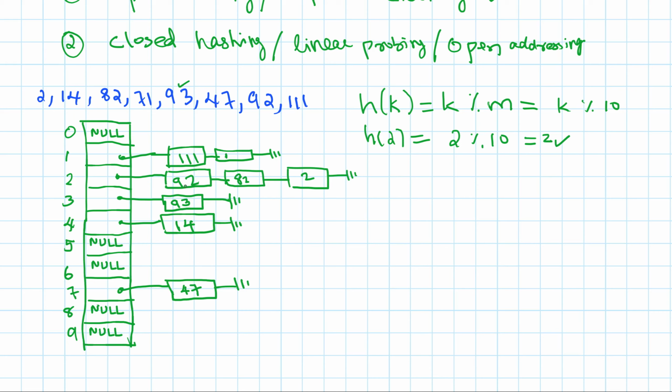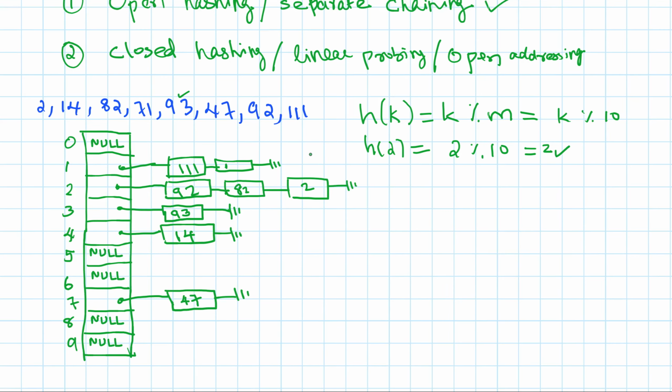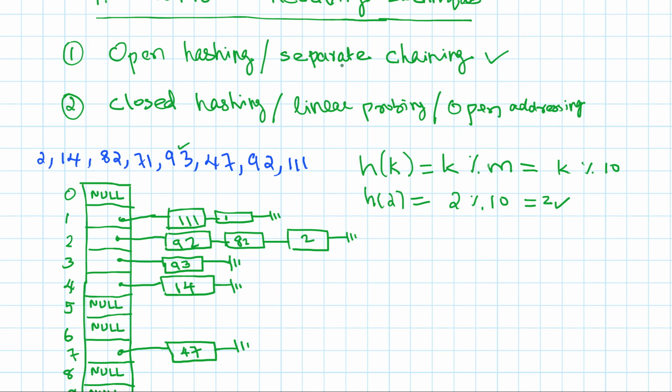Then you will perform the normal linked list deletion procedure only in that particular linked list. So this is the first method, which is called open hashing or separate chaining. I think this term will be more meaningful now. We are using a separate chain or separate linked list for values which give the same index. Okay, so that is all about open hashing.